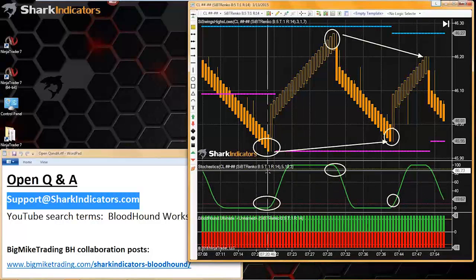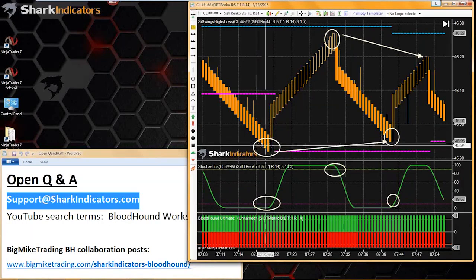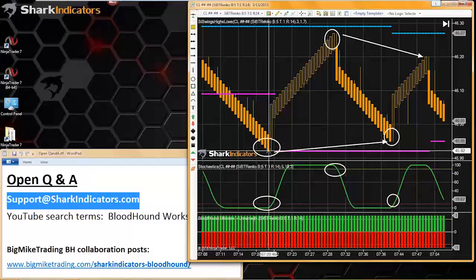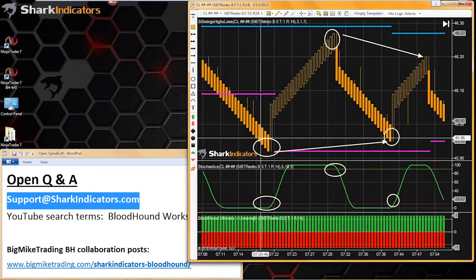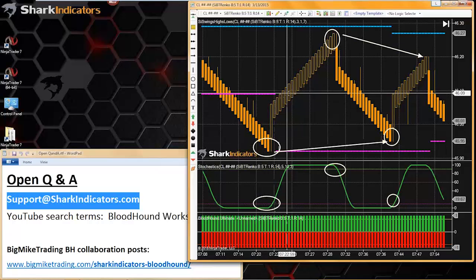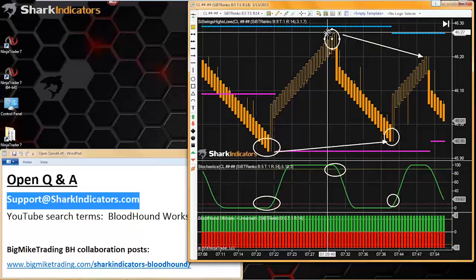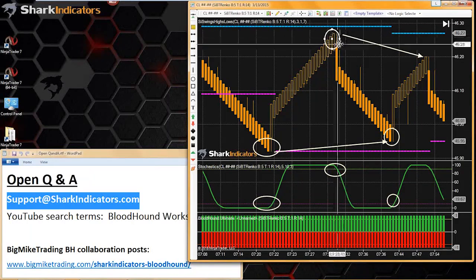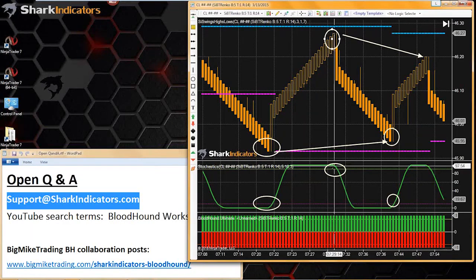All right, so we're going to be looking for a low point made, and looking for a price reversal, and then a higher price reversal up here for point 2, making sure that the stochastics gets into the oversold territory.